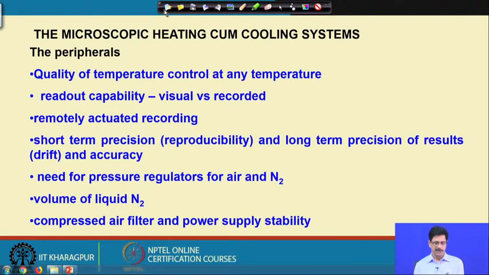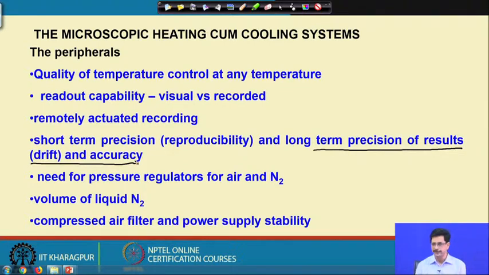So, there should be remotely actuated recording, the short term precision, the reproducibility, and the long term precision of the results, that is the drift. As we discussed, this comes from the periodic calibration of the equipment, so that there is no long term drift of the equipment. Any hot heating freezing system has to be periodically calibrated.